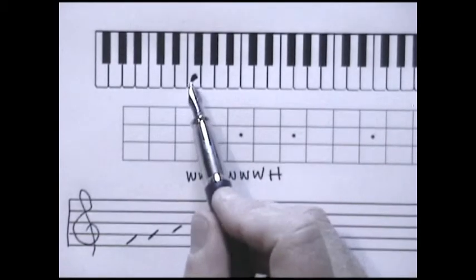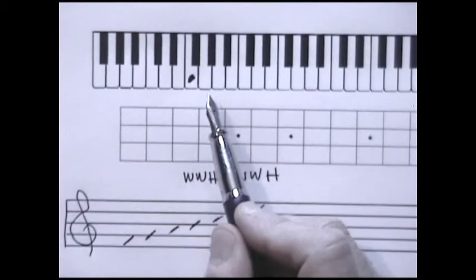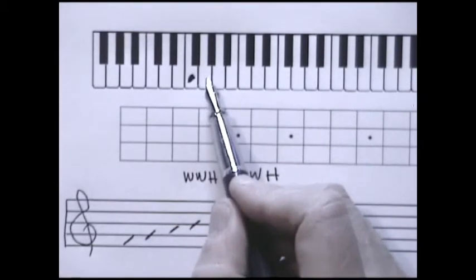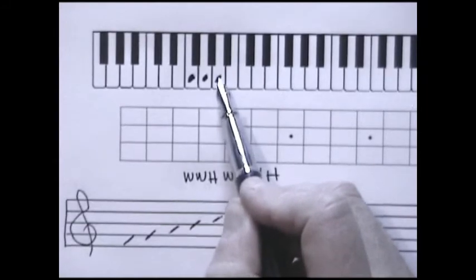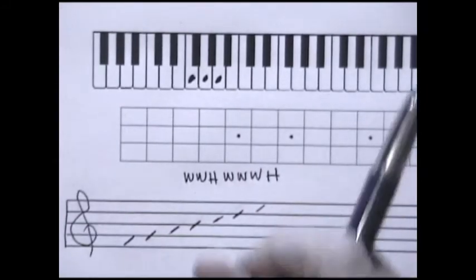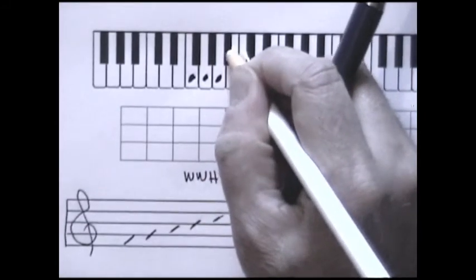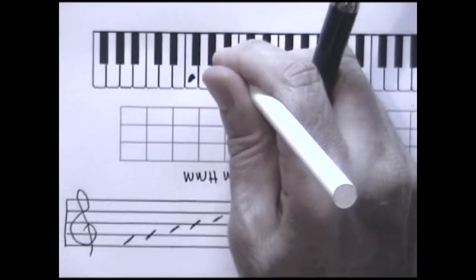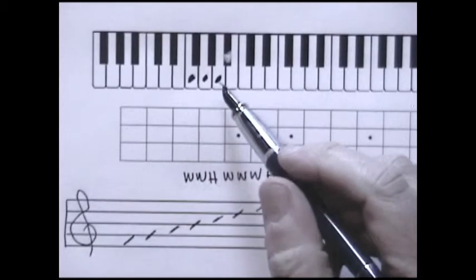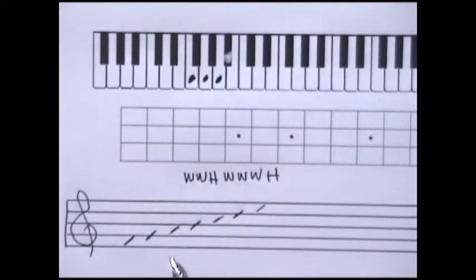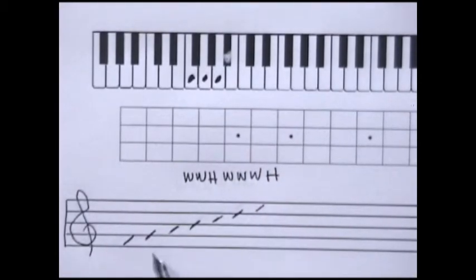And start with your first note and go up a whole step to G, a whole step to A, a half step to this black note here, which could be either A sharp or B flat, but only one of those two is correct. So go back to the staff.